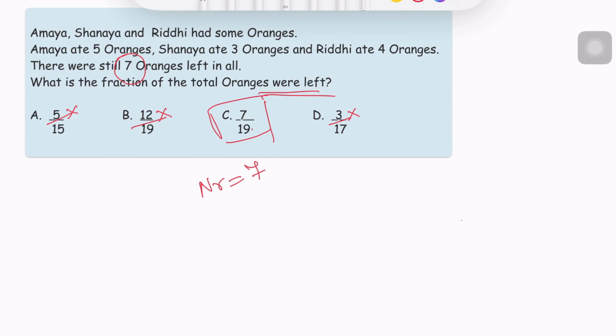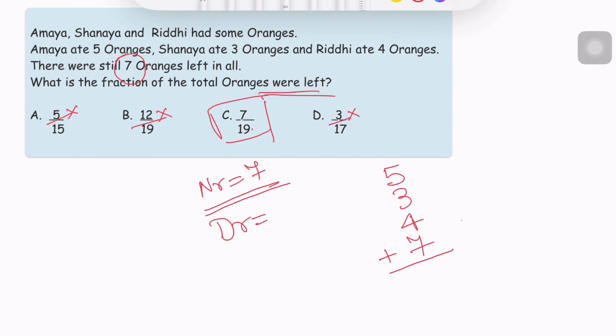Okay, so numerator will be 7, that we all understand. Now what about the denominator? To get the denominator we need to find the total number of oranges. So Amaya ate 5, Shania ate 3, Riddhi ate 4, and after that 7 oranges were left.